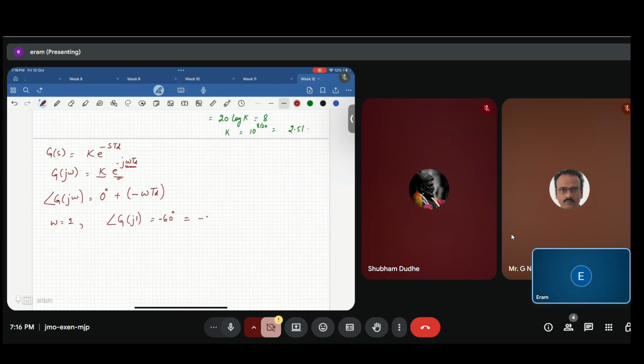That means minus 1 into TD is 60 degree. But remember that this is always given in radian. So what is 60 degree in radian? It is minus pi by 3.